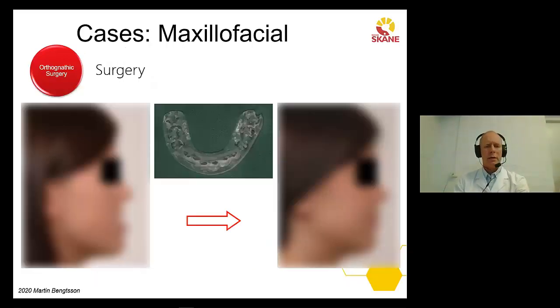In this next picture, you can see a patient having treatment with orthognathic surgery. You can see the photography before treatment to the left. Then we have the indexes that help us doing the movement, and then you have the outcome on the right.